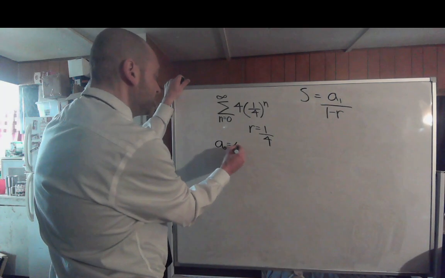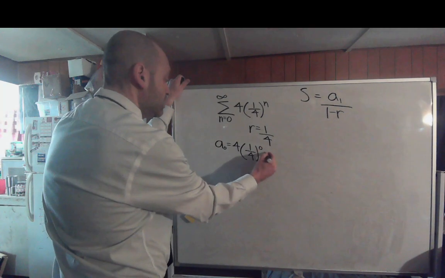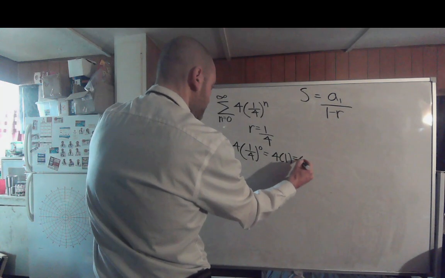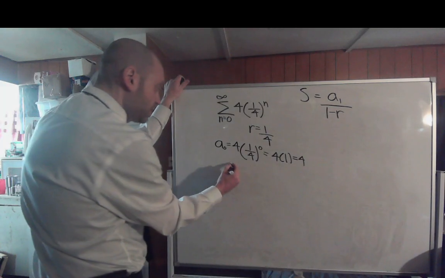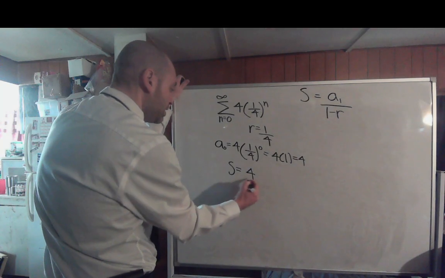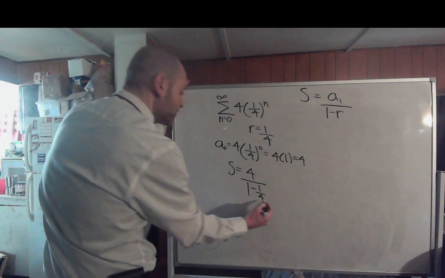So let's find a sub 0. That's going to equal 4 times 1/4 to the 0 power, which would be 4 times 1, which is 4. So your first term is 4. Now let's find the sum. So that would equal 4 all over 1 minus your common ratio of 1/4.